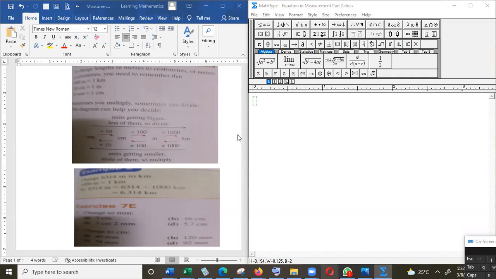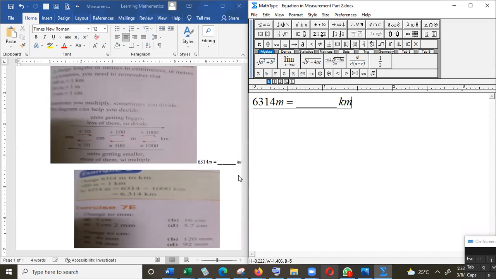So take out your pencils, take out your pen, take out your paper, and here you want to change 6,314 meters to kilometers. So from meters to kilometers. All right.